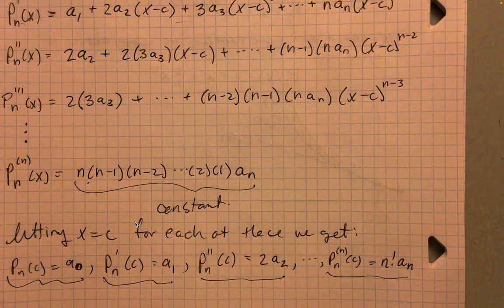It's basically whatever derivative it is, take that number factorial times the corresponding term. If it's the first derivative, it's 1 factorial times a1. If it's the second derivative, it's 2 factorial times a2. If it's the fifth derivative, it's 5 factorial times a5. So it's very predictable.